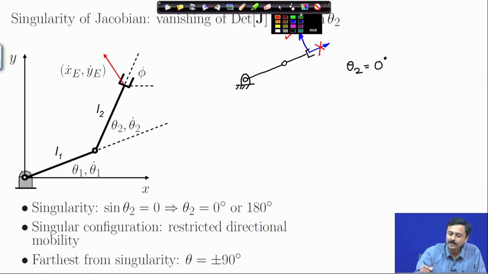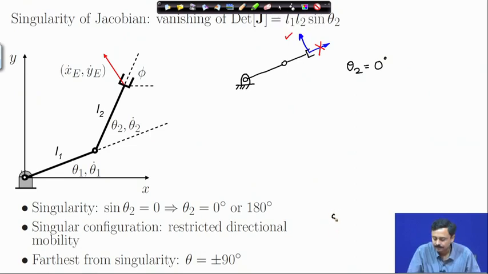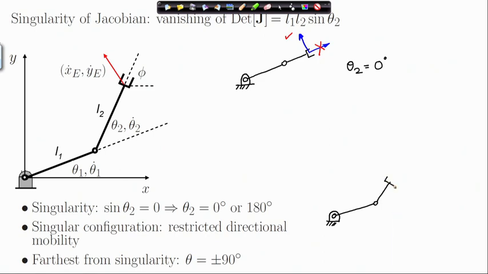If the configuration is somewhat different, now you can produce all velocities. You can produce both these velocities.